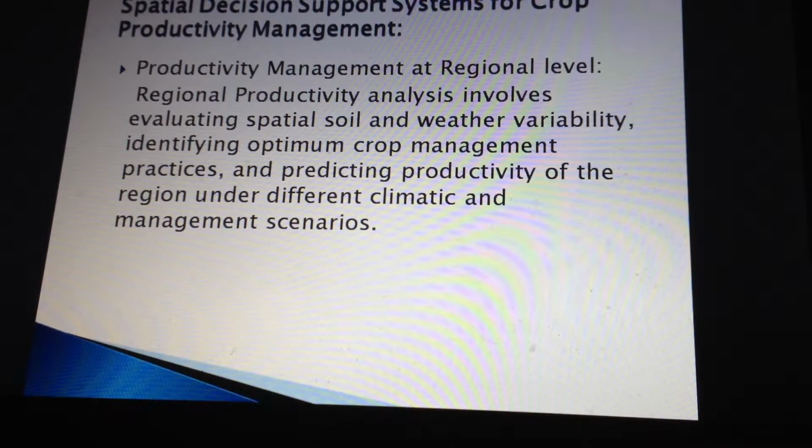Regional productivity analysis involves evaluating spatial soil and weather variability, identifying optimum crop management practices, and predicting productivity of the region under different climatic and management scenarios.